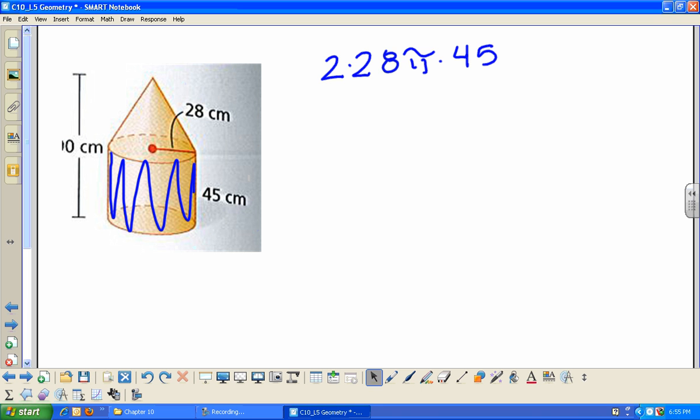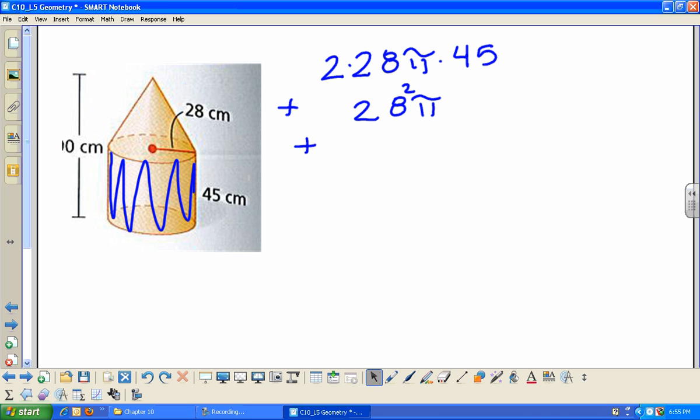That will give me the lateral area of the cylinder. I have to add that to the area of the base of the cylinder. There's only one base since the cone is sitting on top. So that'd be the radius squared times pi.